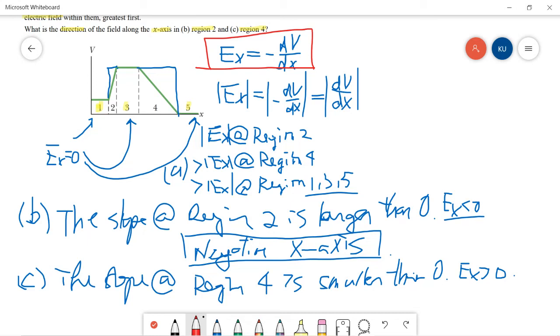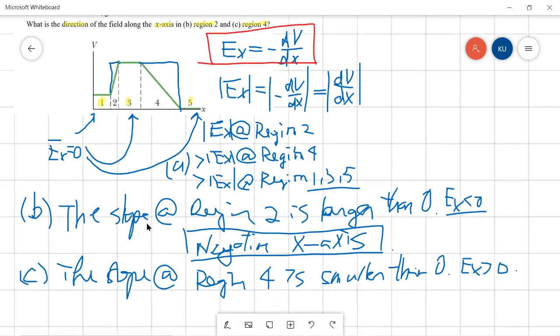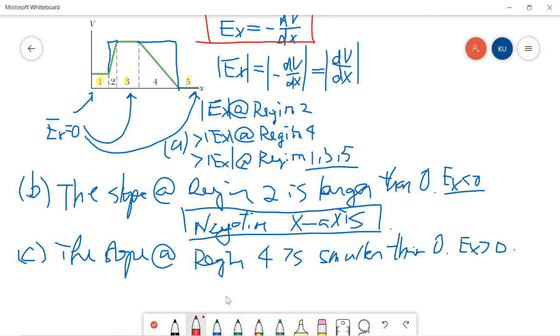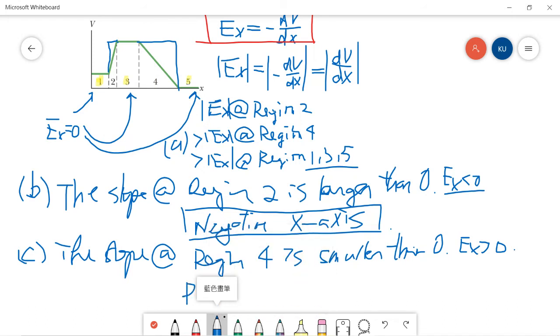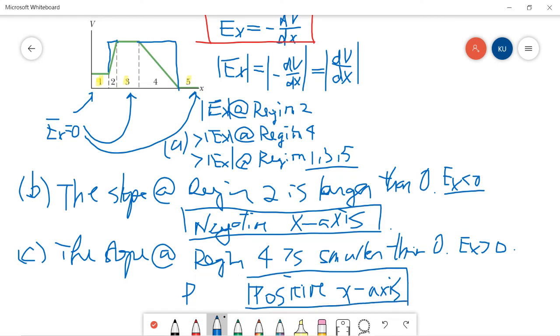And in this case, it should point to the positive x-axis, which is the answer of part C.